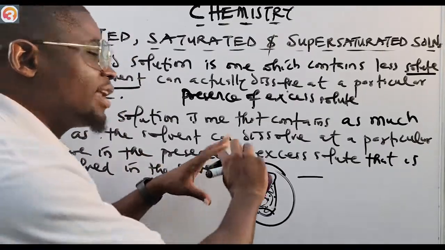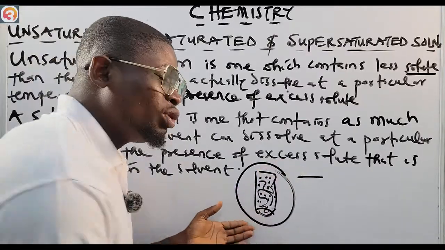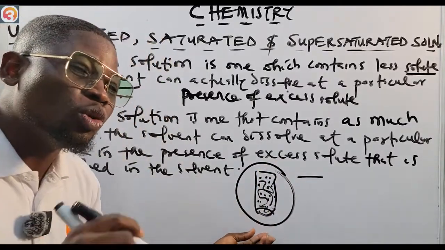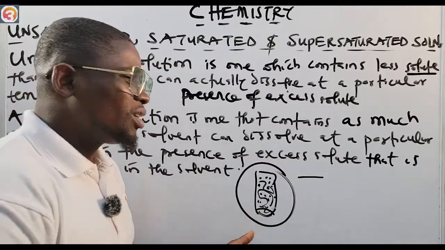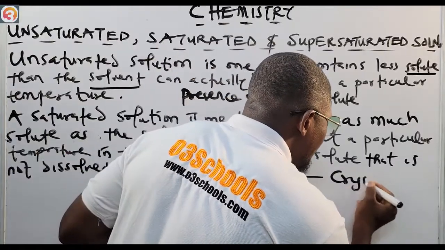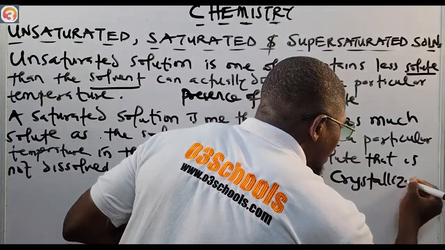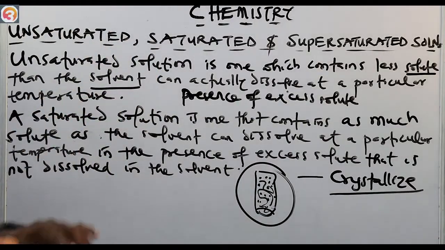Now after you have heated it, if you cool it down, cooling will cause part of the already dissolved solute to crystallize out of the solution. So please take note of those two.